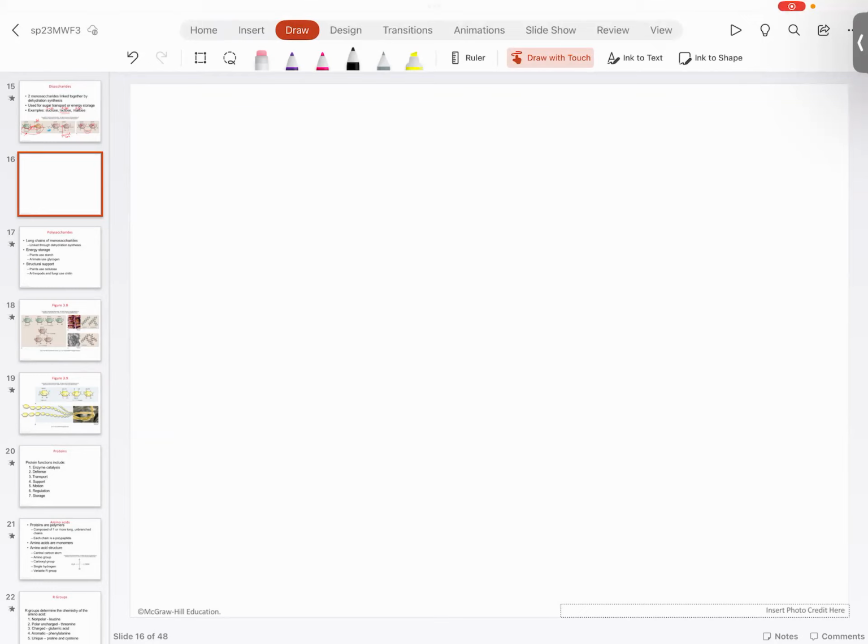I want to go over the different types of glycosidic bonds because there are different types of them. We've already seen two of them. The first one is what's called a 1,2 glycosidic bond.